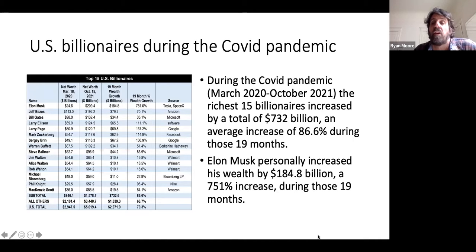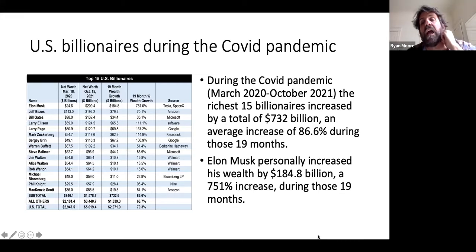This statistic kind of makes me want to throw up a little bit. These statistics: the richest 15 billionaires between March 2020 and October 2021, so that's 19 months, were able to increase their wealth by a total of $732 billion.